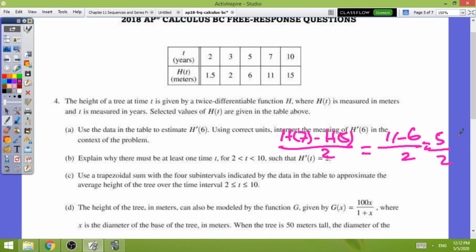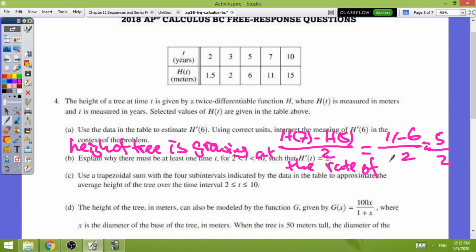So it shows the rate of change. And you also want to interpret the meaning of h prime of 6. So h prime of 6 means the height of the tree is growing at the rate of 5 over 2.